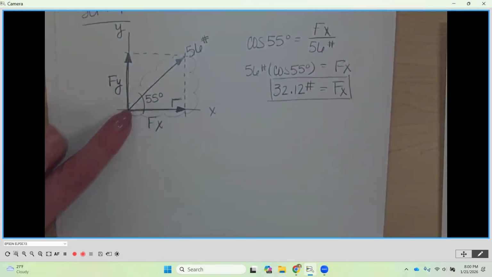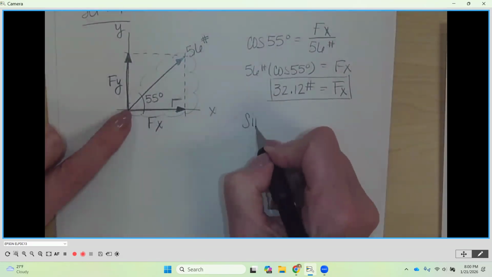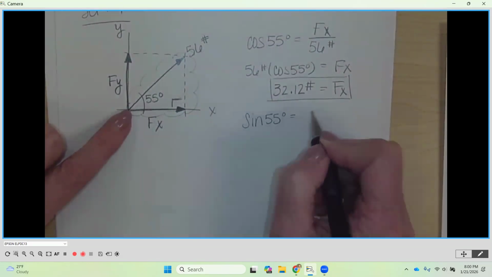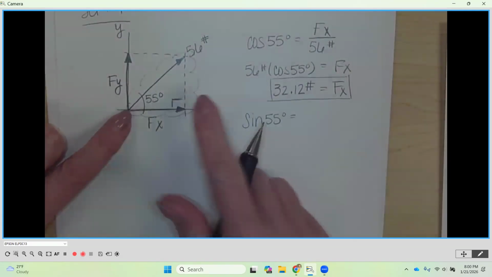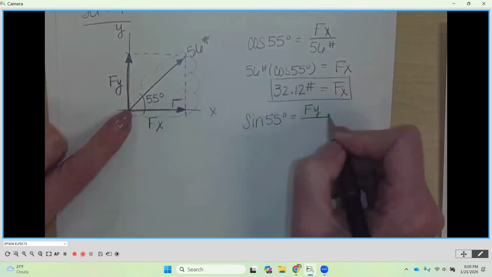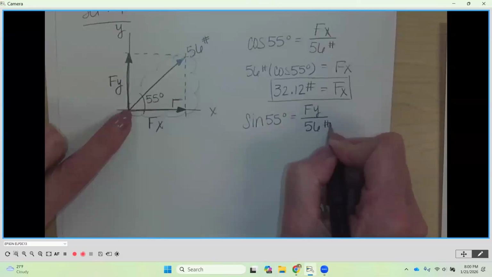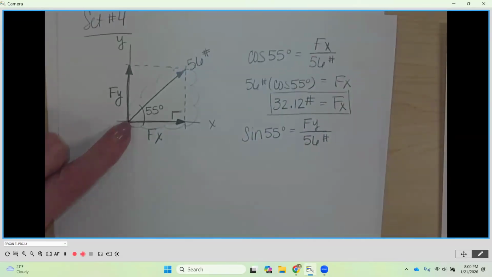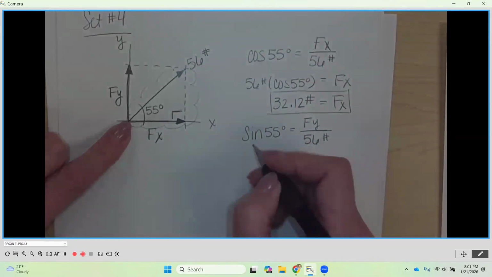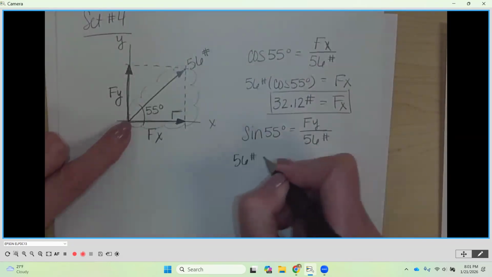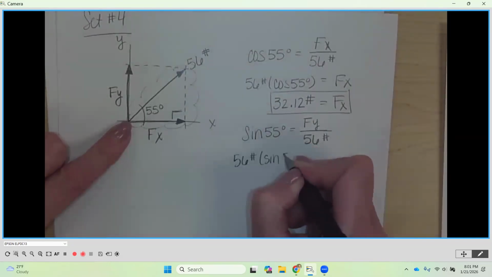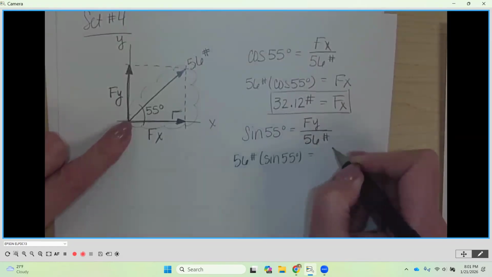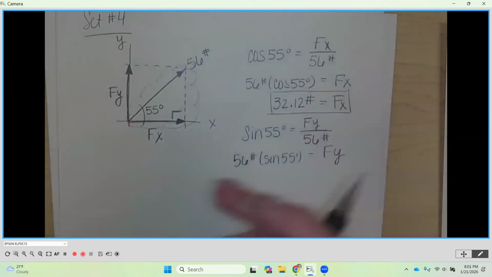Starts with an S. Sine. Yes, we're going to use a sine function. So sine of 55 degrees is equal to the side opposite, Fy, divided by the hypotenuse, 56 pounds. Okay, multiply my 56 pounds times the sine this time of 55 degrees is equal to Fy.